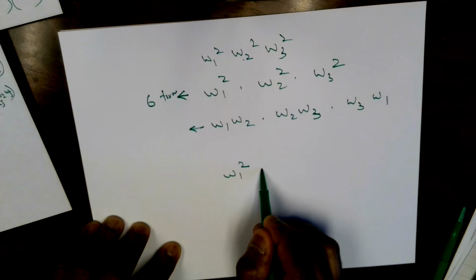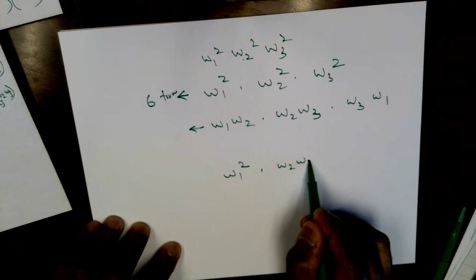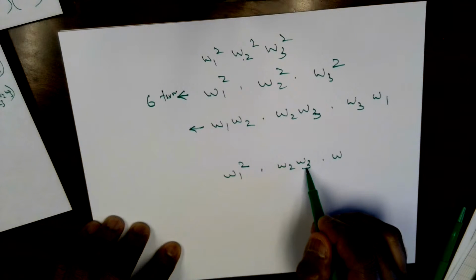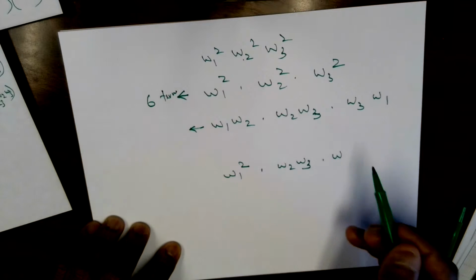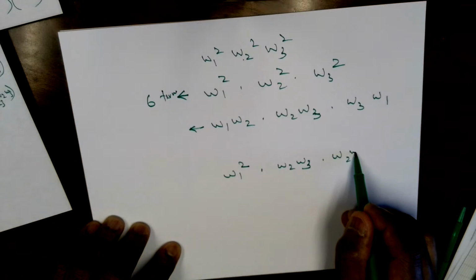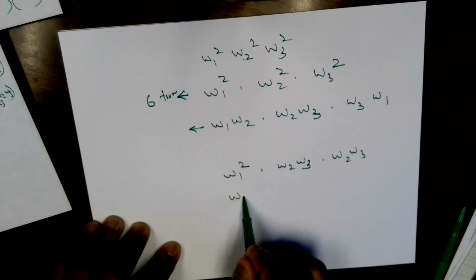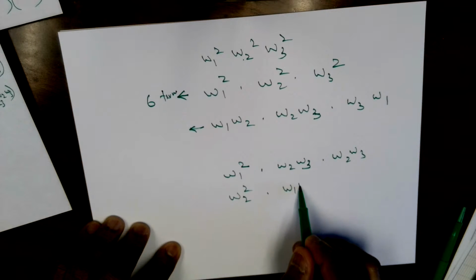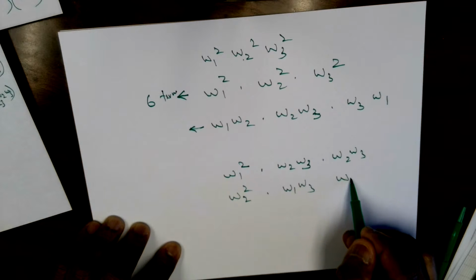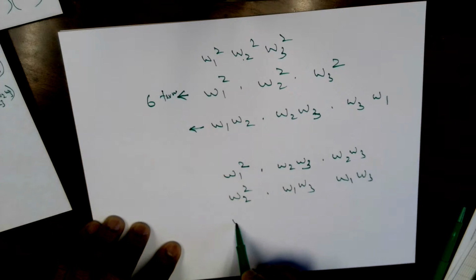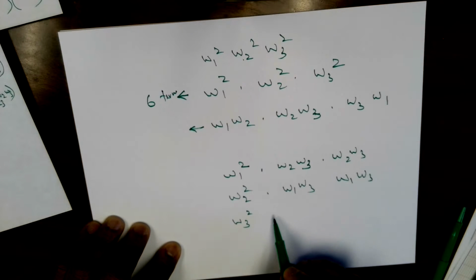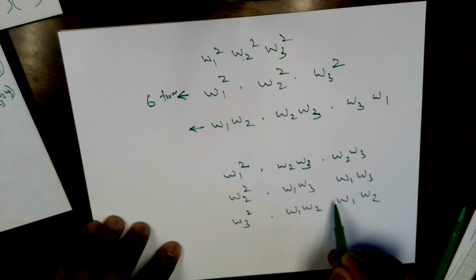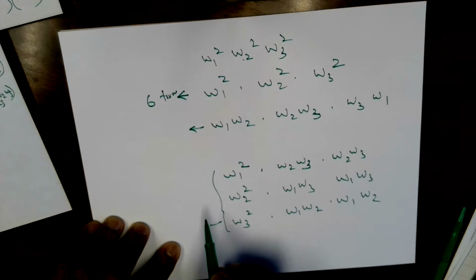You can pick up omega 1 squared and then omega 2, omega 3, or from the second one, and omega 2, omega 3 from the third one. Or you can do this on omega 2 squared, then pick up omega 1, omega 3, omega 1, omega 3 twice, or omega 3 squared and omega 1, omega 2, omega 1, omega 2. So you just have to see how many times all this adds up.